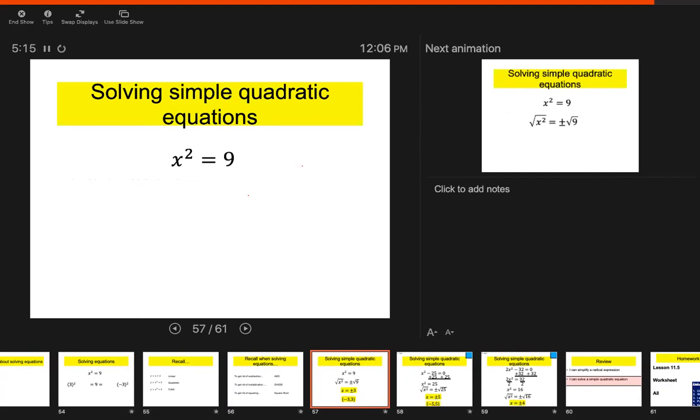Well, what's attached to x? The 2 is attached to x. It's an exponent. It's to the second power. To get rid of squared, we take the square root. Whatever you do to one side, you do to the other side, and here comes the problem. There end up being two numbers, a positive number and a negative number. So here's how we handle it in algebra. Here's the new stuff.